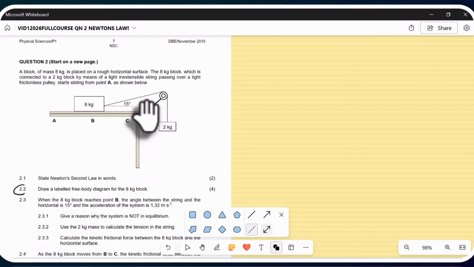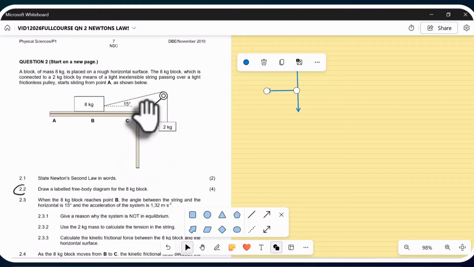We have the normal force and the weight, because it is a mass on the table and has got weight. Okay, so the table exerts normal force and then the weight because of the mass. Then we have the frictional force, which is opposing the motion. Now because the block is going to the right, friction must be to the left, okay.